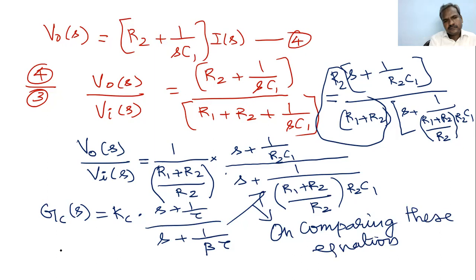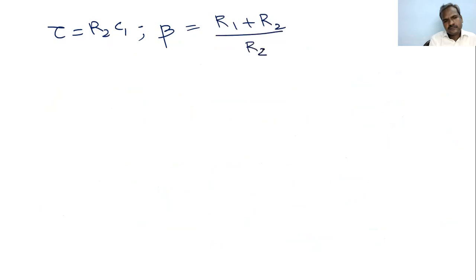Tau equals R2 C1, beta equals R1 plus R2 divided by R2, and Kc equals R2 by R1 plus R2, as I mentioned earlier, which is equal to 1 by beta.